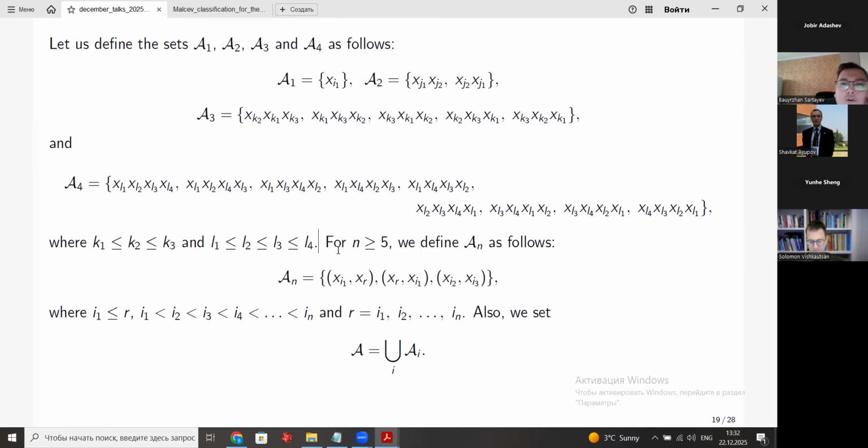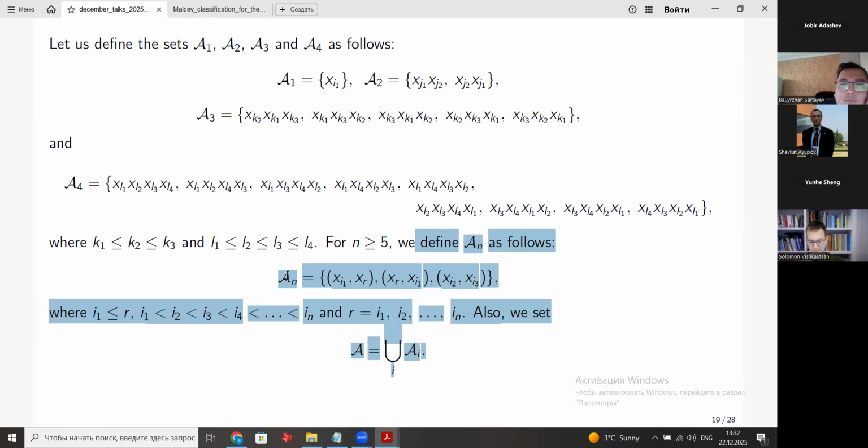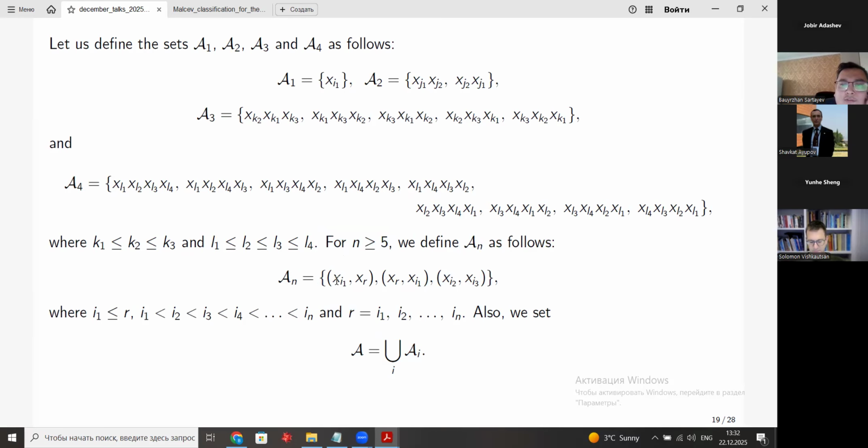Starting from degree 5, where n is bigger than or equal to 5, we define An in this form. An is defined as follows. We know that every associative monomial in the associative algebra of the second type can be represented in this form: XR, XI1, XI2, XI3.